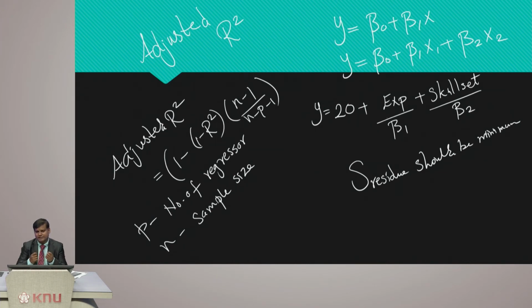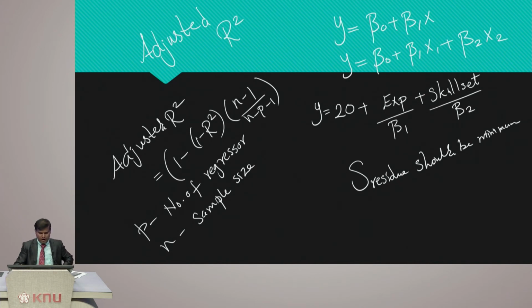Whenever you increase the number of independent variables, it tends to give you the penalty. So we should be very careful in adding those factors. Unless it really affects the overall output, we don't have to add it.